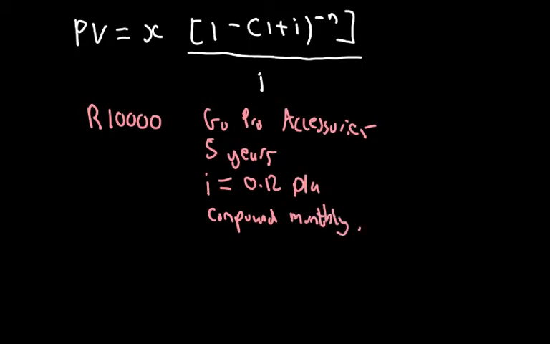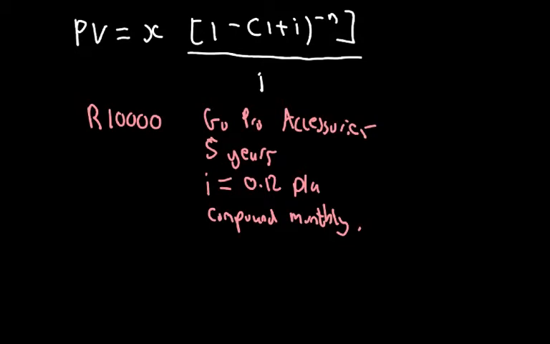Now my question to you is, you're going to pay off this loan of 10,000 Rand over 5 years with these interest rates. What is the amount of the monthly payment that you need to make such that the present value of all those payments is equivalent to 10,000 Rand?